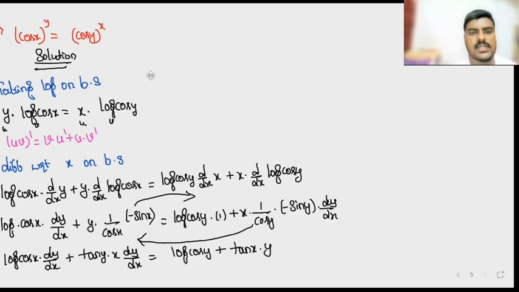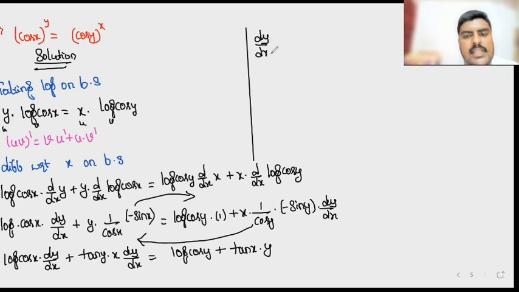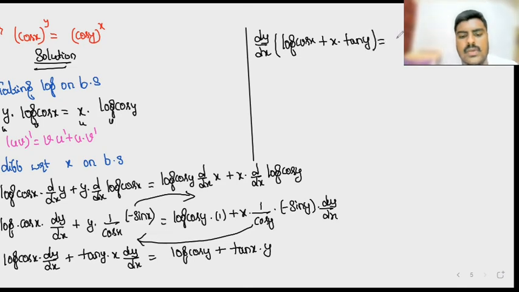All of you should observe now what it finally comes to. I'm taking dy by dx common here: dy by dx into log cos x plus x into tan y equal to log cos y plus tan x into y.